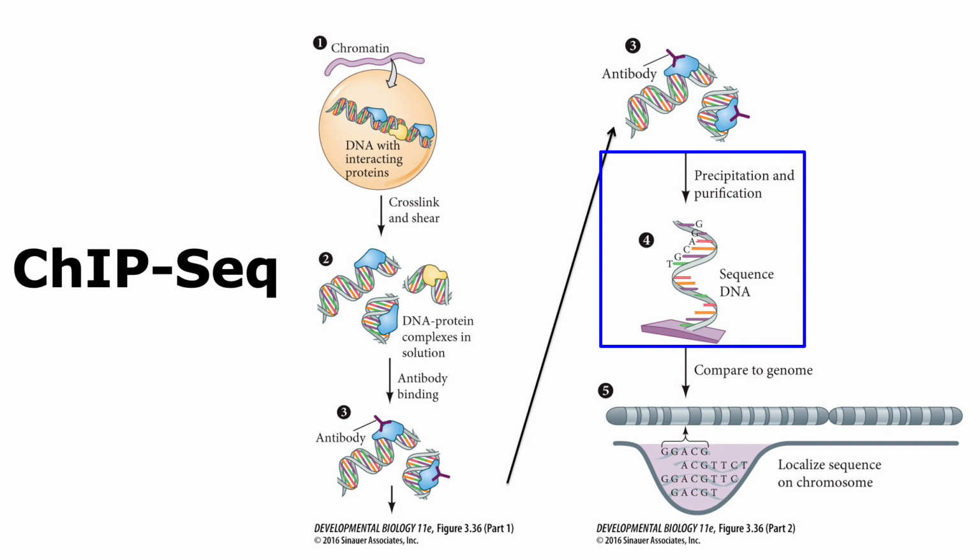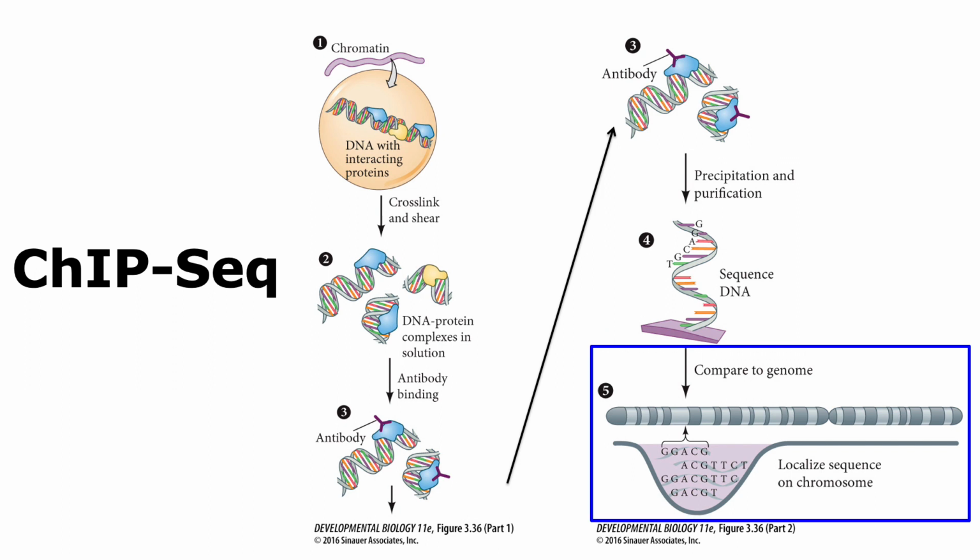And once we purify those pieces of DNA, the DNA is sequenced. Once the DNA sequences are obtained, they are compared to the genome of the organism to determine where these DNA sequences are present, and thereby this allows us to understand how the transcription factors are able to regulate gene expression.